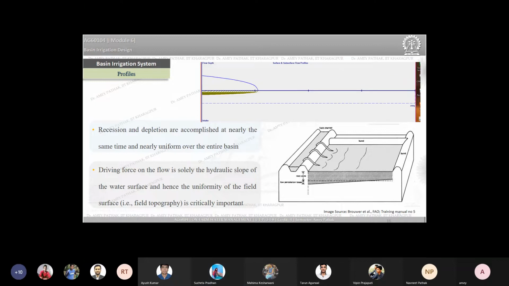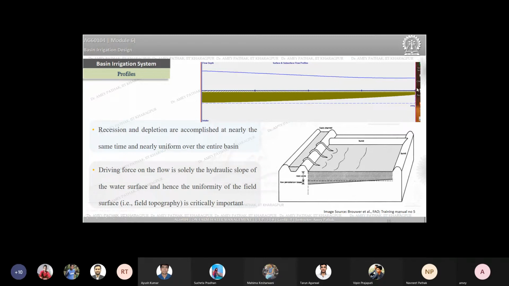It's after the cutoff. So you can see water is still advancing here, and this is the slope of your water surface. So this is the hydraulic slope that is actually the driving force. Once it reaches here, because of the bunds, water will start ponding here, and you can see now it is nearly flat.